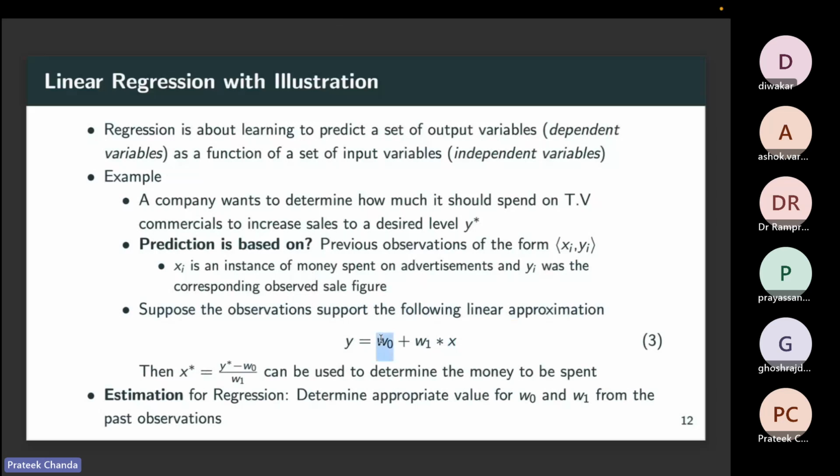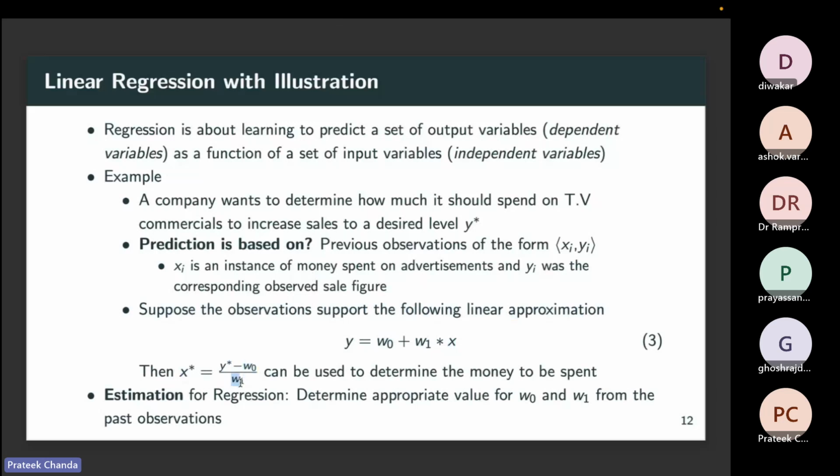And so my x star, the optimal value, can be thought of as y star minus w0 divided by w1, and it can be used to determine the value that I should spend. And this estimation problem would also depend upon w0 and w1.